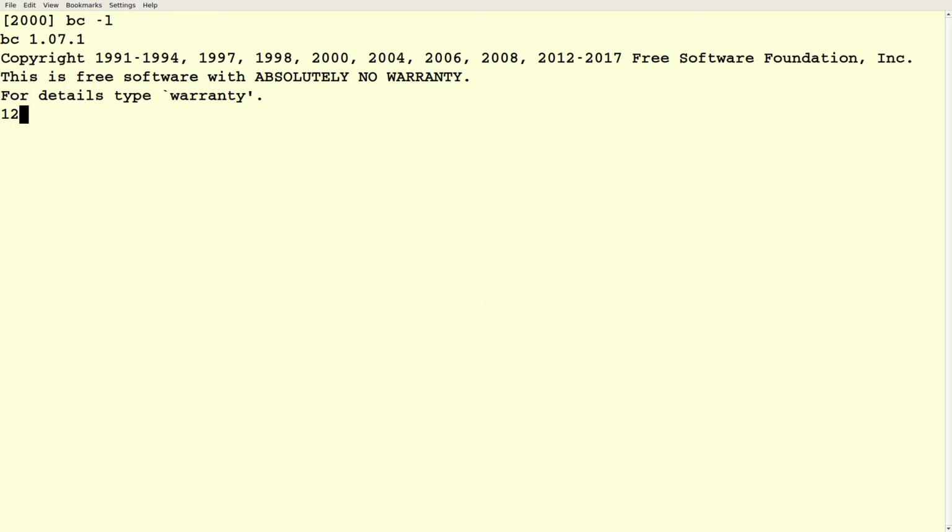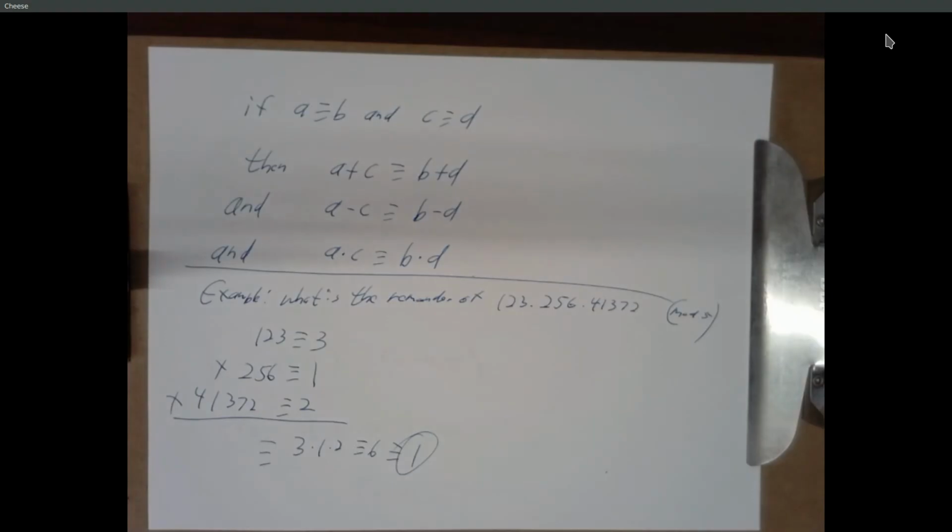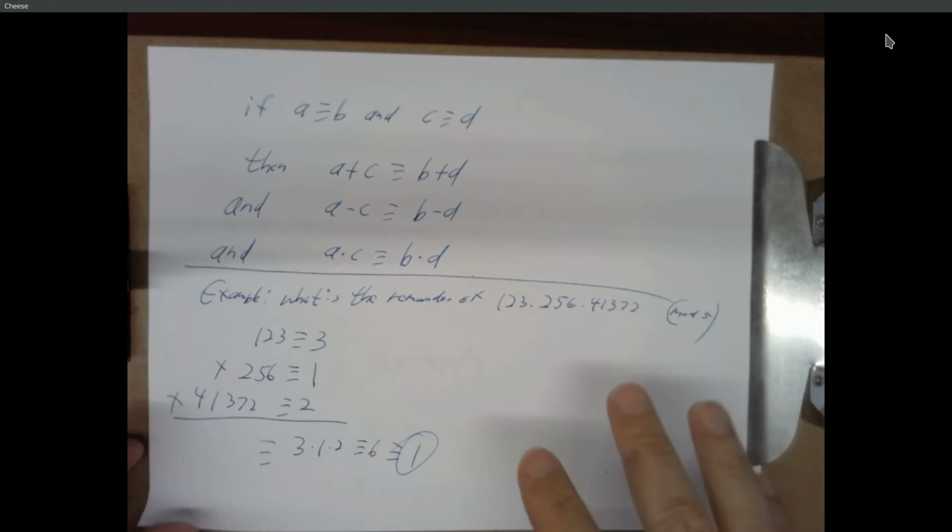So if I do 123 times 256 times 41,372, I get a number that ends with a 6. That's 1 more than a multiple of 5. Okay, is this making sense so far?